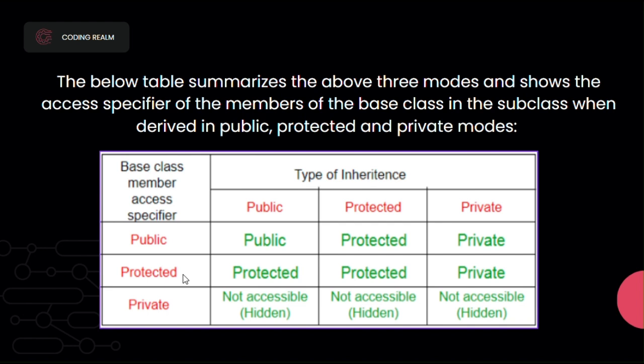When the base class member is protected: with public it's protected, with protected it's protected, with private it's private. And when the base class member is private: with public it's not accessible, it's hidden; with protected it's not accessible also; and with private it's not accessible. This is the table of the access specifiers of the members of the base class.